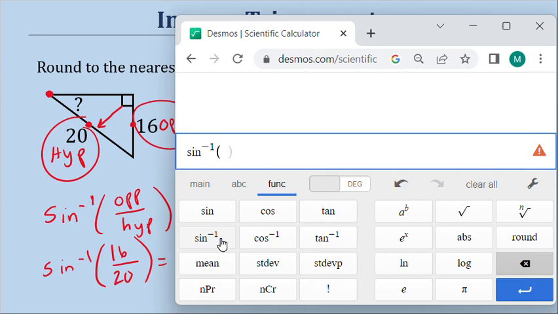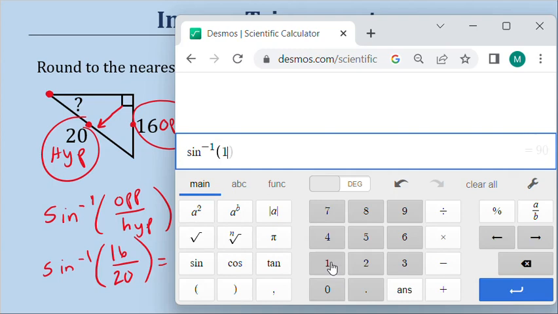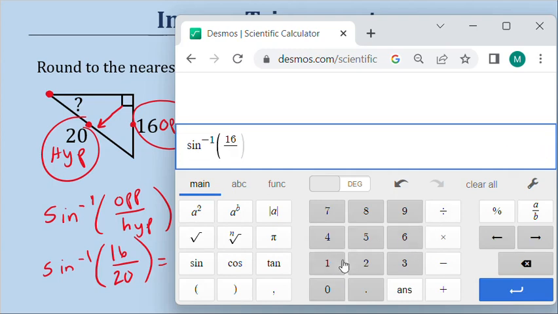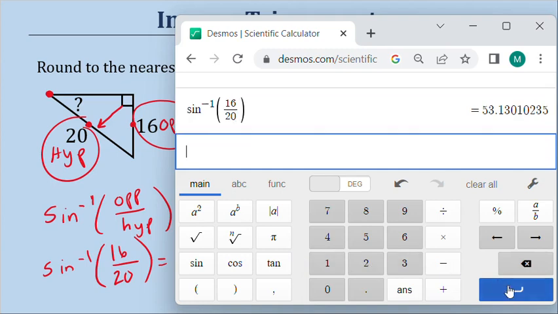And then once we have the trig function, we go back to main to type in our numbers. So I'm going to go 16 divided by 20 to put the fraction in there. And then I have my answer, 53.13, and so on.